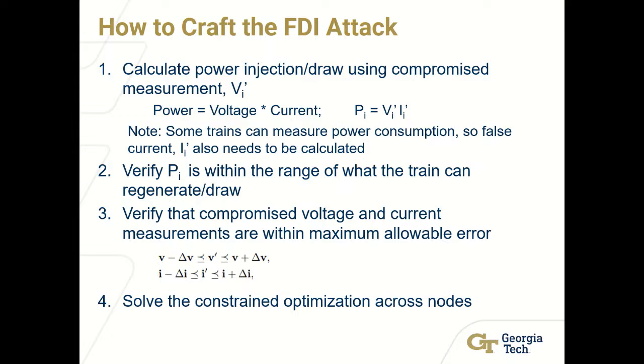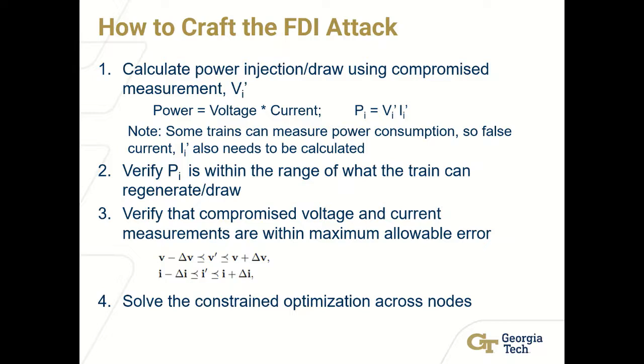The third step is to verify that the compromised voltage and current measurements you've provided are within the maximum allowable error. So in these two equations, you see V prime and I prime, the false voltage and current measurements, which have to fall within a certain range of the true voltage and current measurements, represented by the delta V and the delta I respectively.